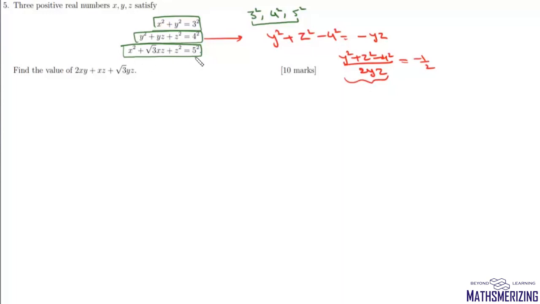And in the same way, this third one also we can write as x square plus z square minus 5 square upon 2xz, and this is minus root 3 by 2. So this first one is cos 120 degrees, and minus root 3 by 2 is cos 150 degrees. So that means all these values are related to some sort of triangle. So what we'll do is we'll assume a right angle triangle whose sides are 3, 4 and 5.